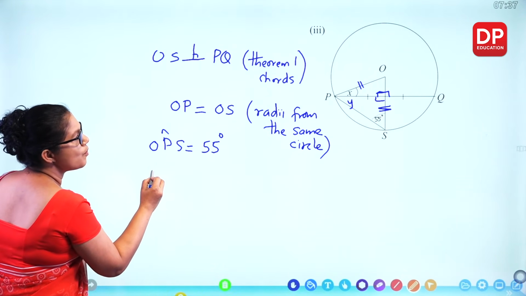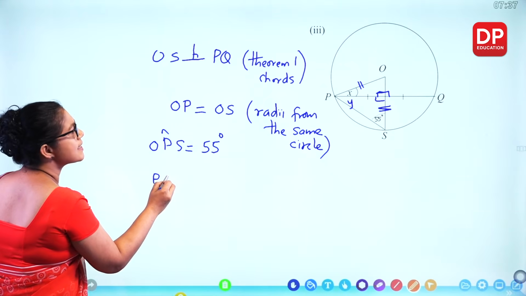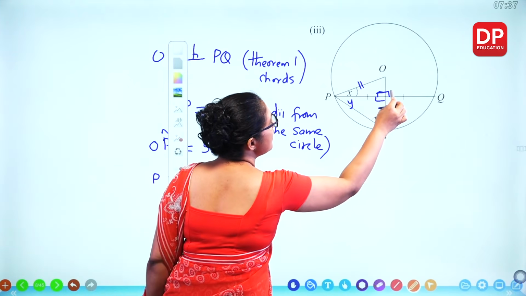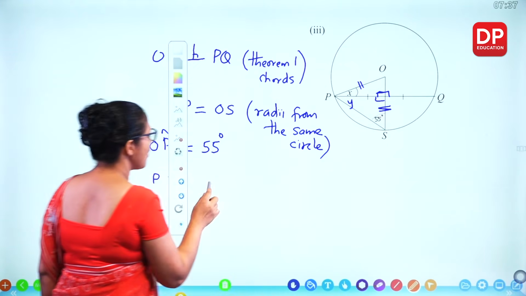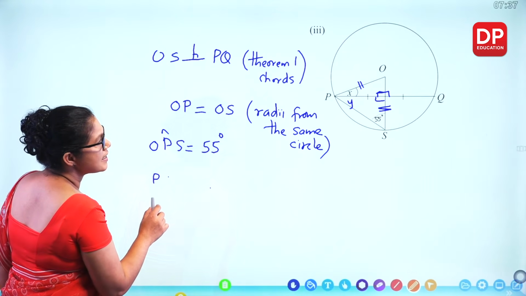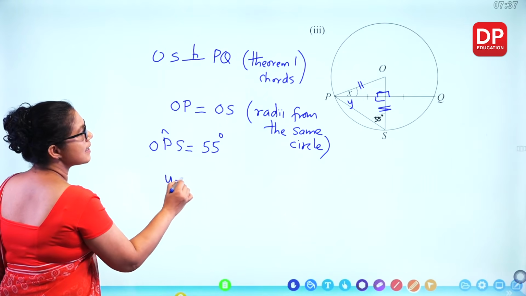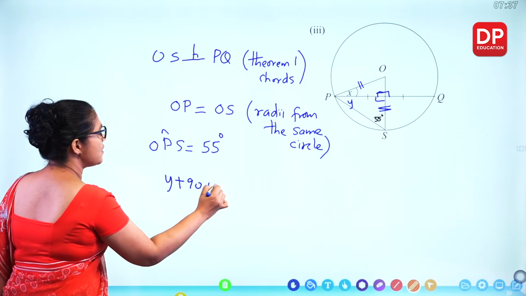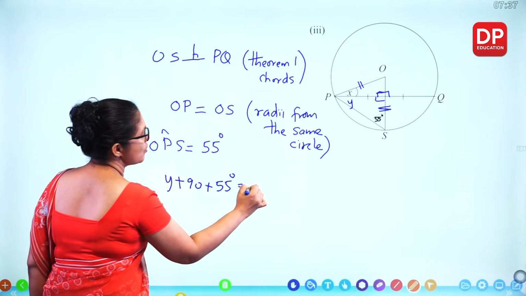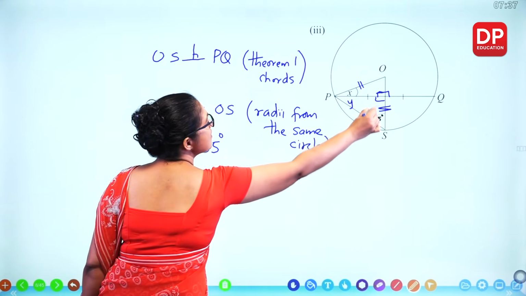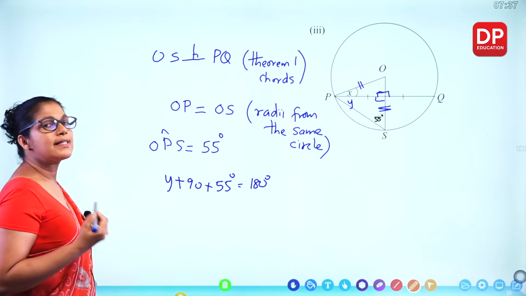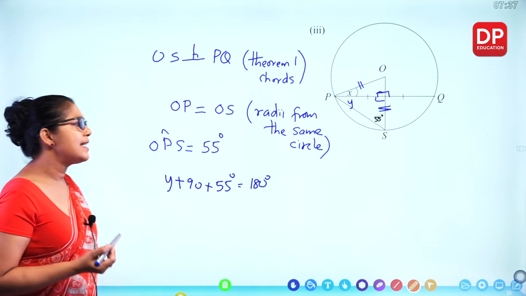How? When you take the smaller triangle, there's no letter here, we can write y plus 90 plus 55 is equal to 180. The angle sum of a triangle is 180.